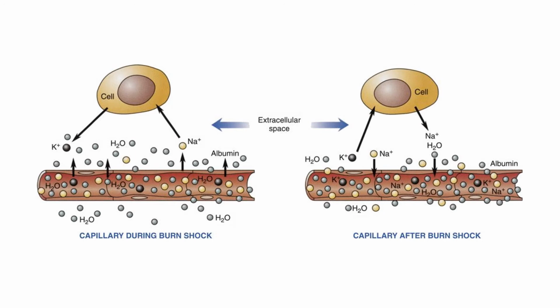So after fluid balance has been restored and the fluid and blood components return back into the vascular space, what lab value will return to normal? Again, the hematocrit. Yes, the hematocrit will turn back to normal.